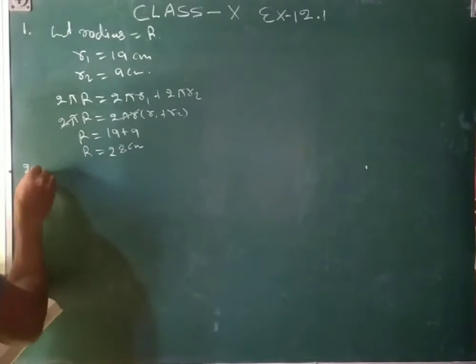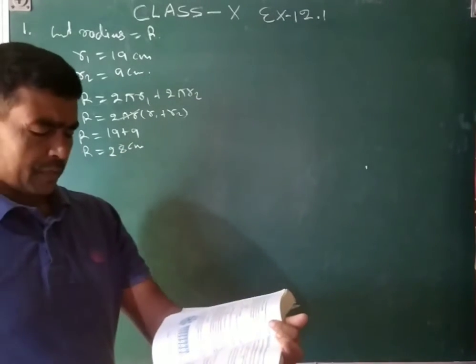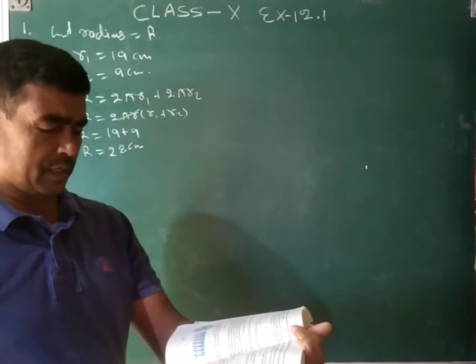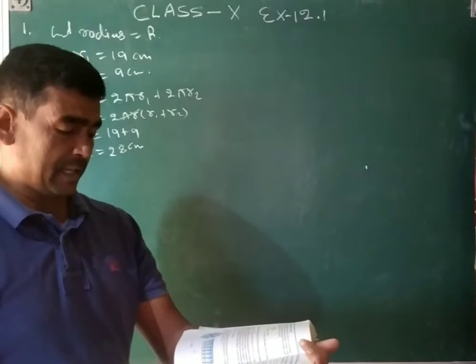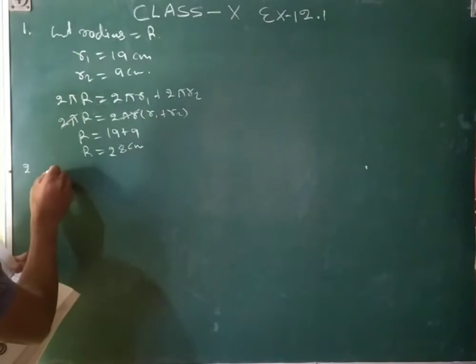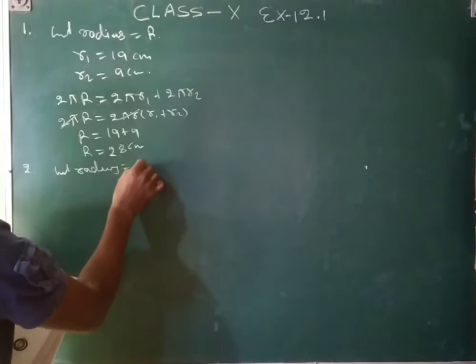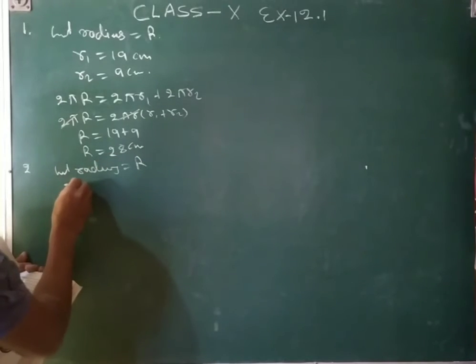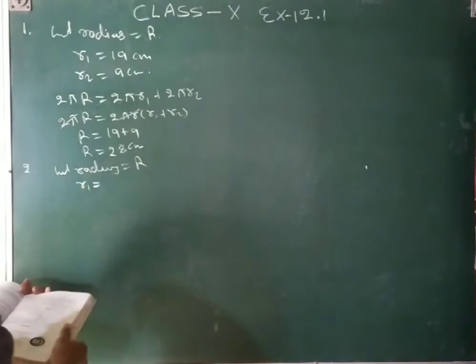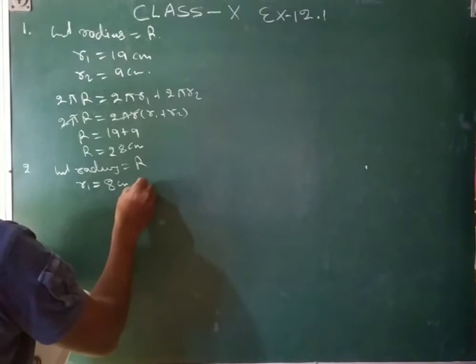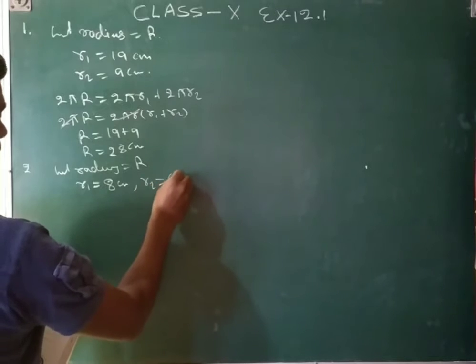Similarly, the second question is also like this. The radii of two circles are 8 centimeter and 6 centimeter respectively. Find the radius of the circle; here the area is given. Same thing: let the radius be r, so area means pi r square. r1 is equal to 8 centimeter, r2 is equal to 6 centimeter.